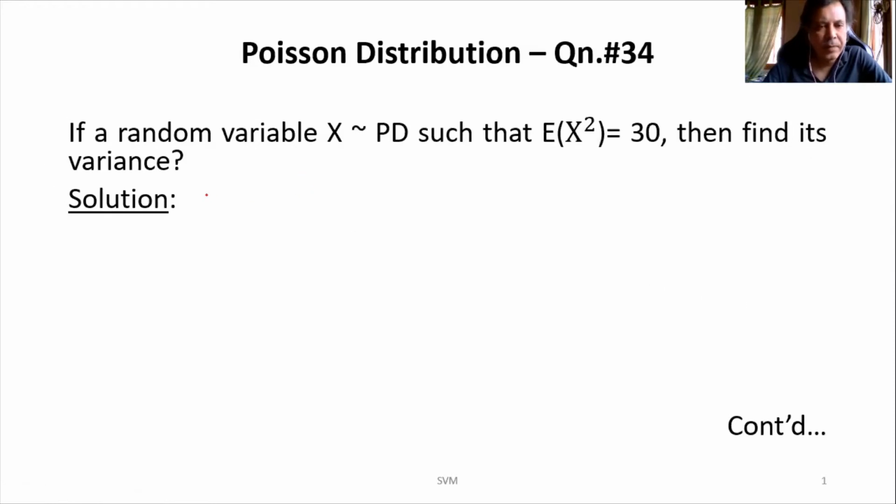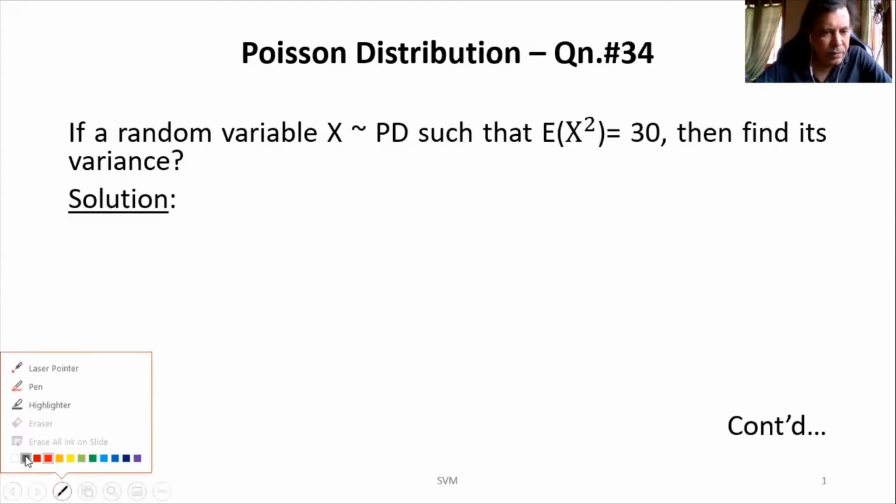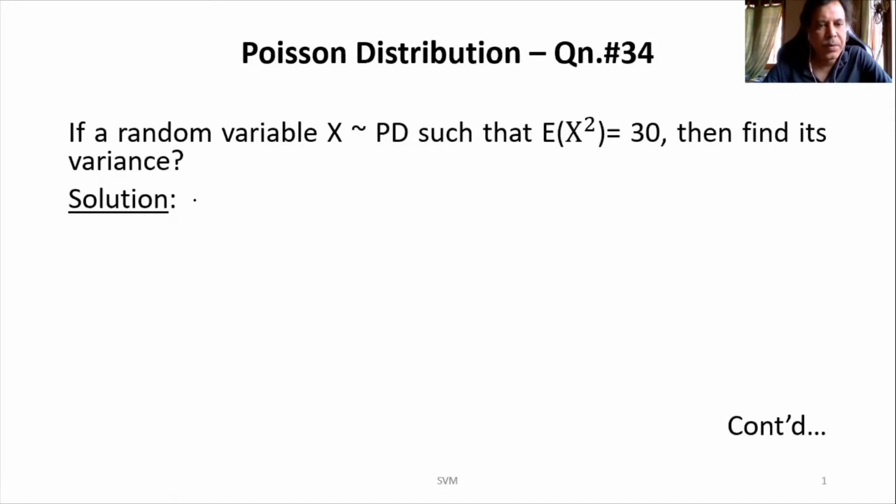So first of all, I can say that X is following a Poisson distribution, which means the mean should be lambda and that should be the same as the variance, right? Then it says expectation of X square.